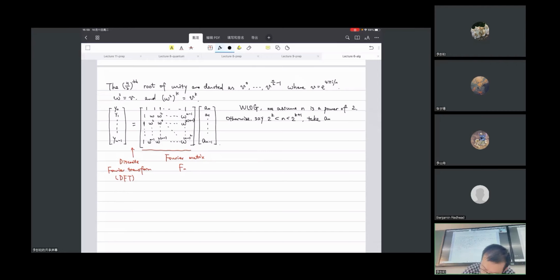We can feel free to set a of n up to a of 2 to the k plus 1 minus 1 equal to 0, and run the DFT for a0, a1 until a of 2 to the k plus 1 minus 1. This is going to give us at most an overhead of a factor of 2. You can just imagine it is a polynomial of even larger degree, but all the further terms have 0 coefficients.